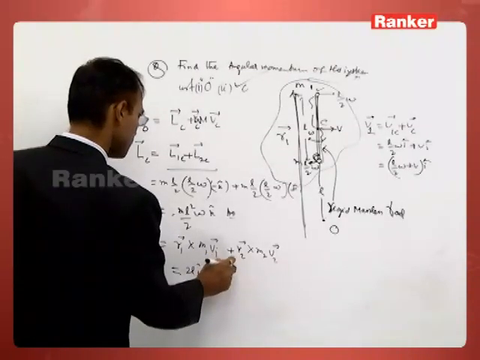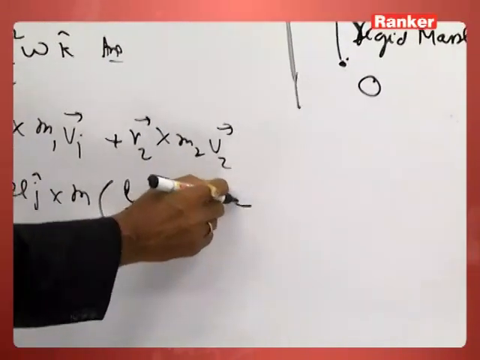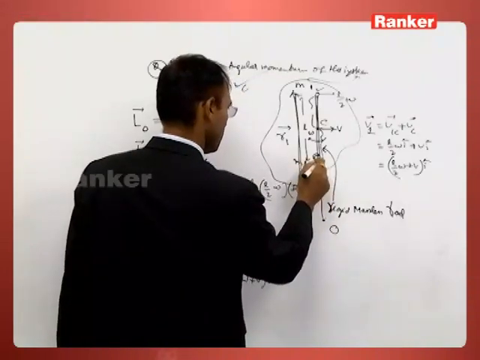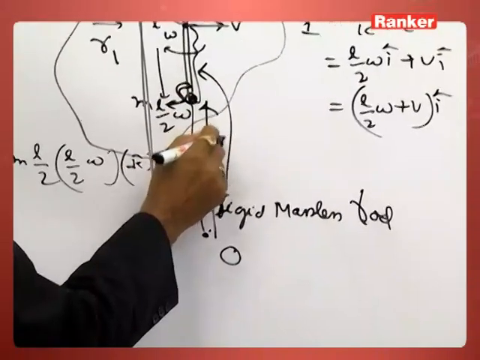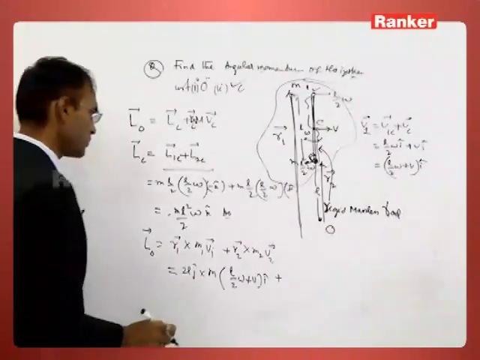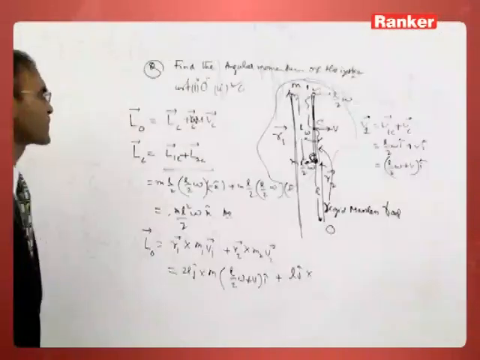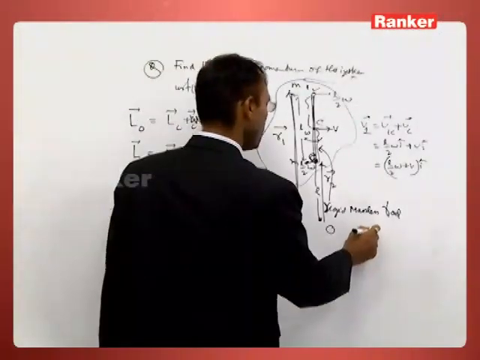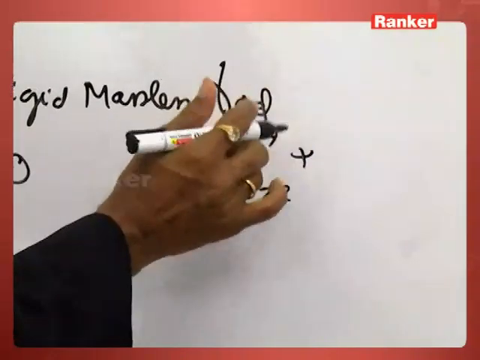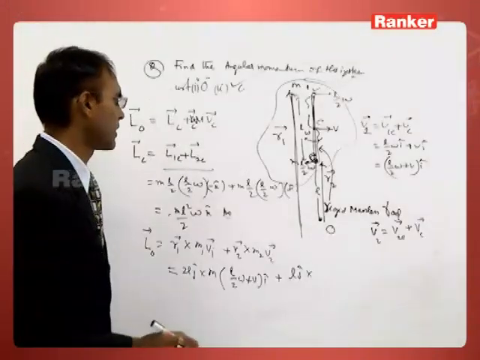So V1 you write as L by 2 omega plus V i cap. For the second particle, this is the position vector with respect to this point, R2. What is R2? L j cap, cross the velocity of 2, which is equal to velocity of 2 with respect to center of mass plus velocity of center of mass.